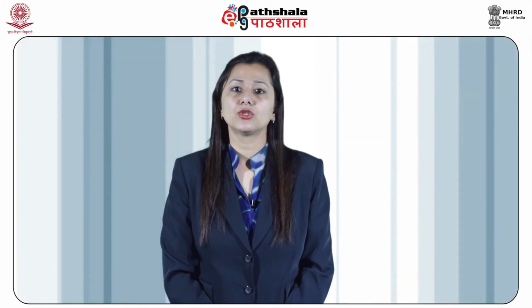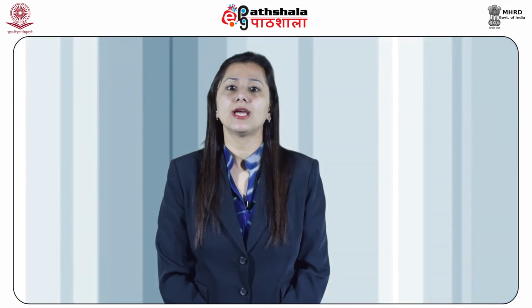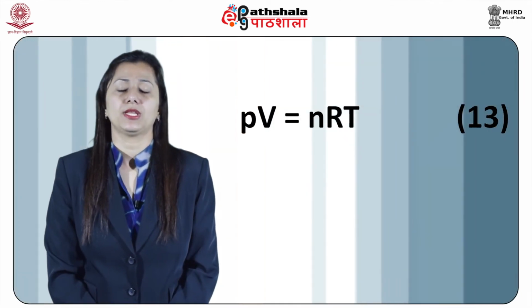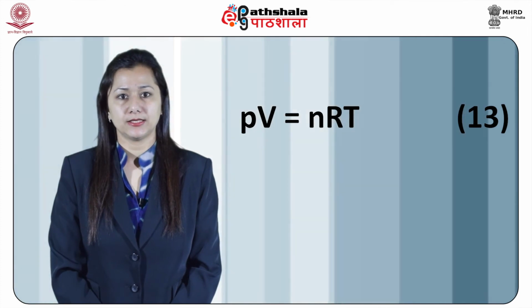Equation 12 is known as the Van 't Hoff equation for determining osmotic pressure of the solution. This equation is exactly identical to the ideal gas equation, that is PV equals to nRT. This is our equation 13.